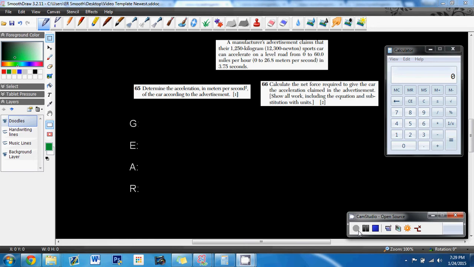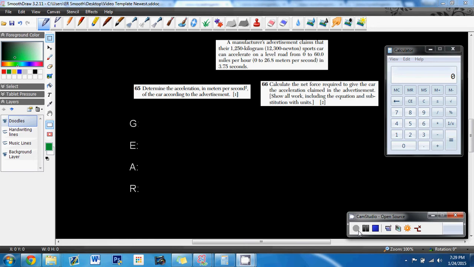Determine the acceleration in meters per second squared, according to the advertisement. So we're trying to find the acceleration.